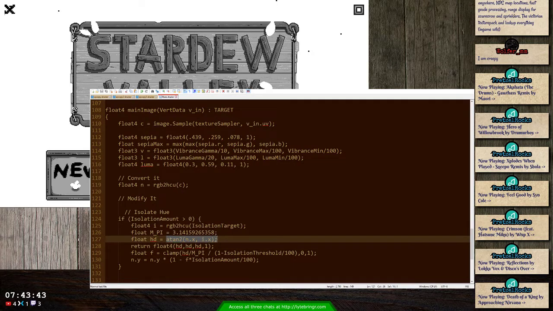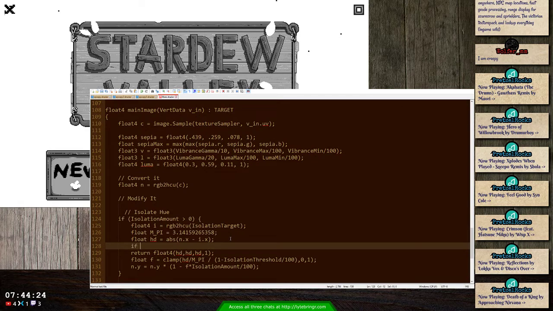So what we're gonna do instead is calculate it manually. We're going to take the difference between the hues, just straight up difference. We want the absolute difference between the hues, and then if it's greater than a certain amount, we need to flip it to the other side.